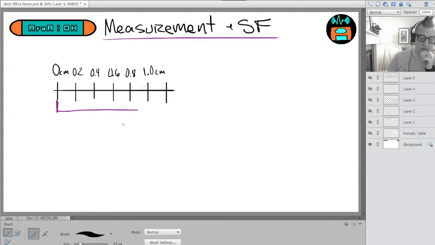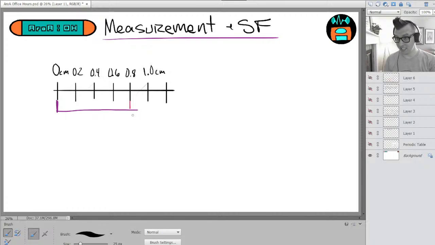How long is it? Well, we're in the middle of a bit of a rock and a hard place here, because you'll notice that the string is clearly longer than 0.8 centimeters. If you told me that this string was 0.8 centimeters long, I could say that's not correct.